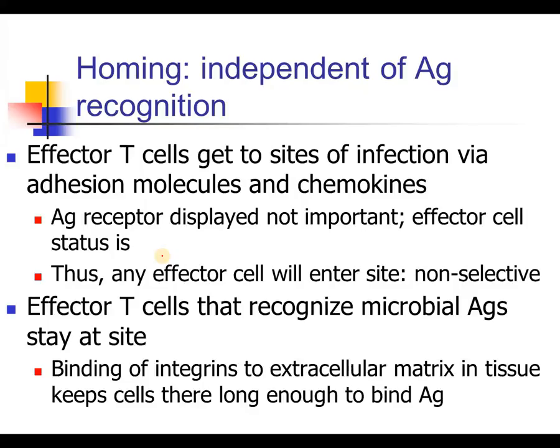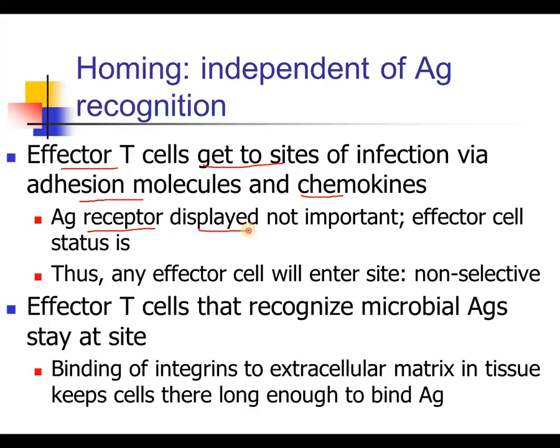And one final thing I would like to point out with regard to the movement of the T cells: it's independent of the antigen recognition. Really all movement depends on is the effector status of the T cell. So if a cell is an effector cell, it gets to the sites of infection via its adhesion molecules and chemokines.